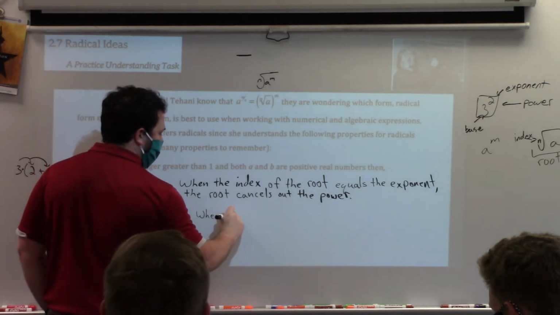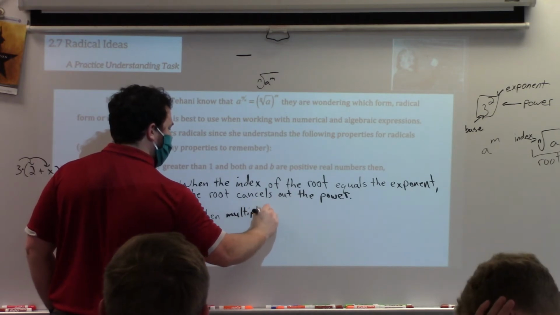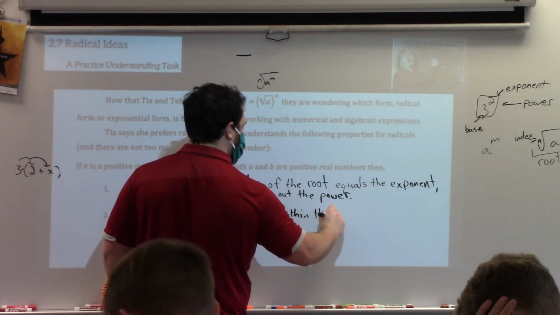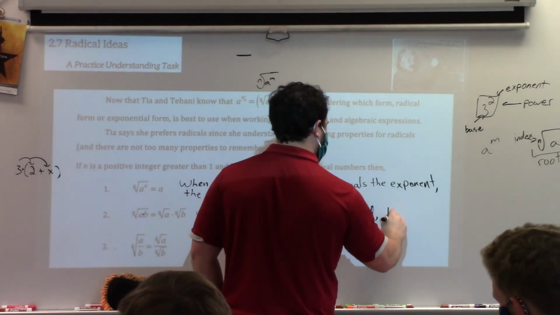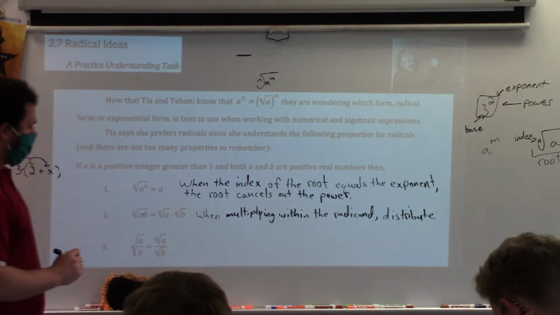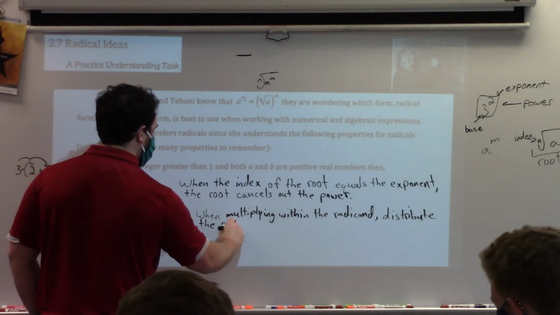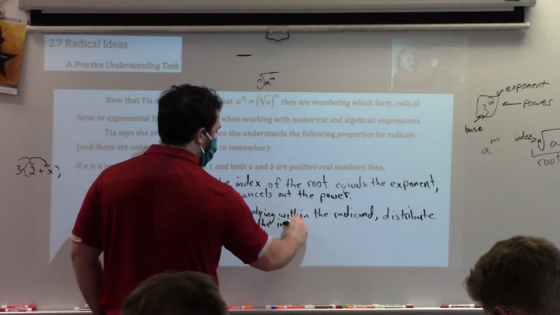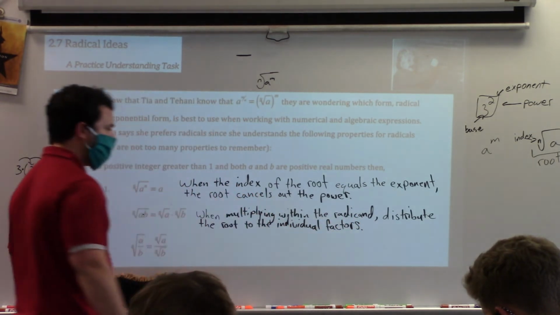So when multiplying within the radicand, distribute. Distribute what? The root. To the, and I would say, individual factors.